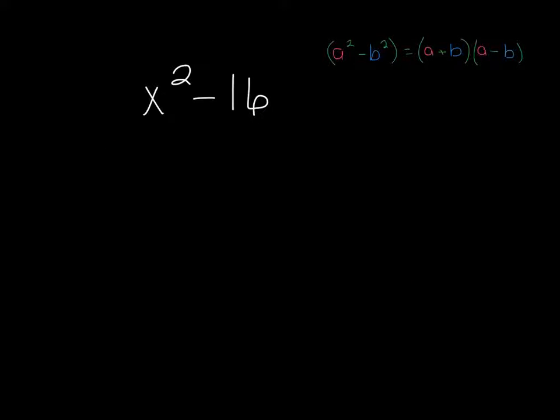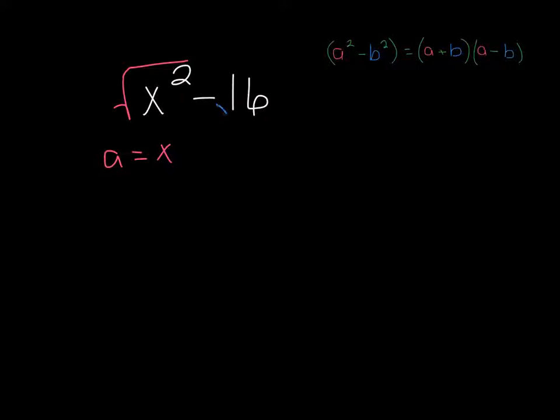Here we have x squared minus 16. We know it's a difference of squares because both of these are perfect squares and it's a subtraction in the middle. So to find A, we take the square root of this first term and we get x.